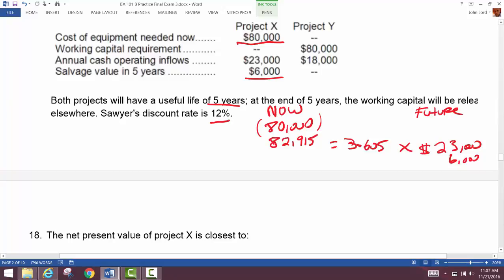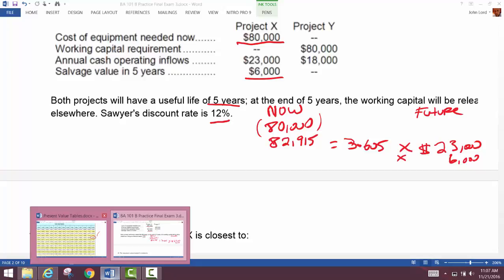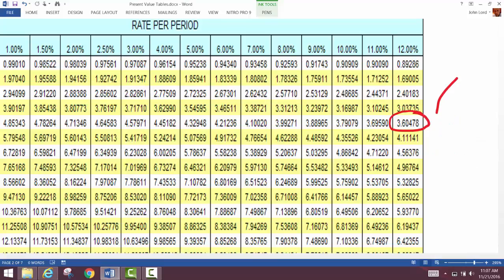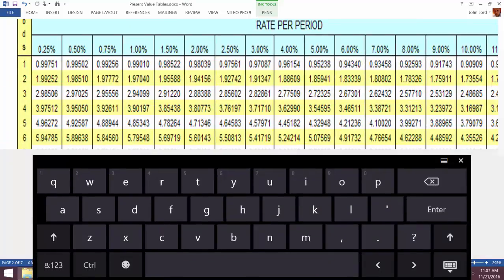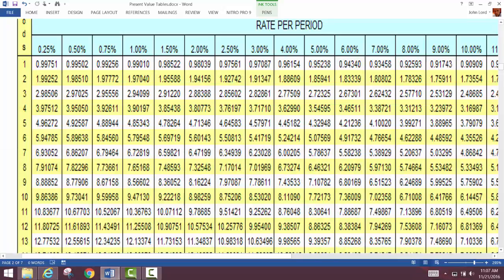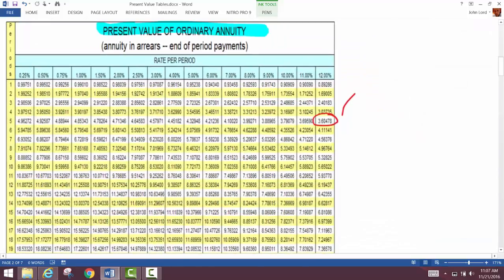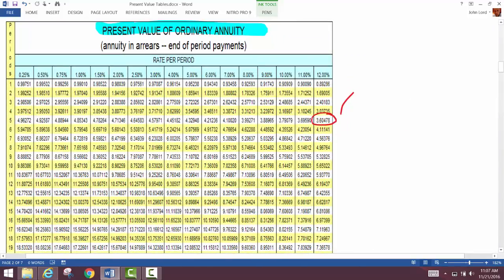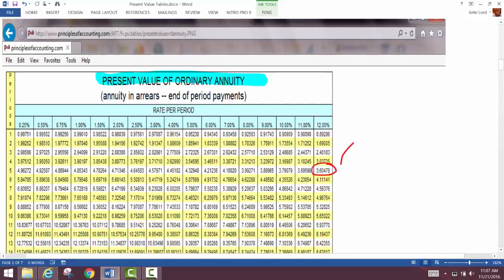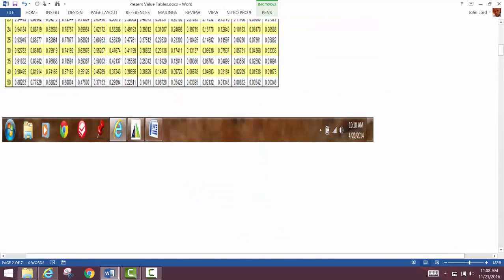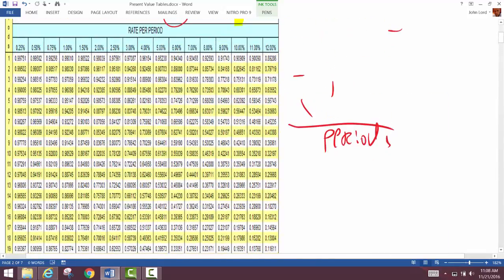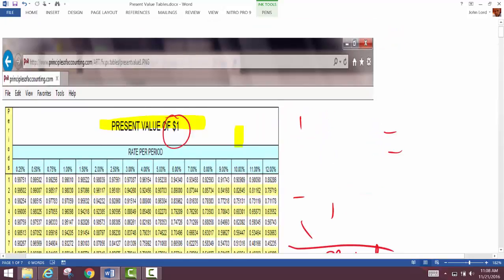So I have to multiply that, and when I do, I come back to my tables, but I don't use the present value of the annuity table here, because this is not an annuity. This is a one-time payment, isn't it? So I have to come back to my present value of a single payment of $1.